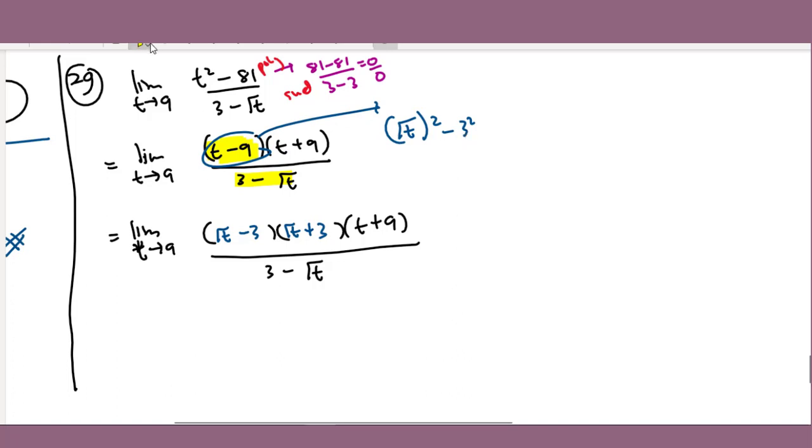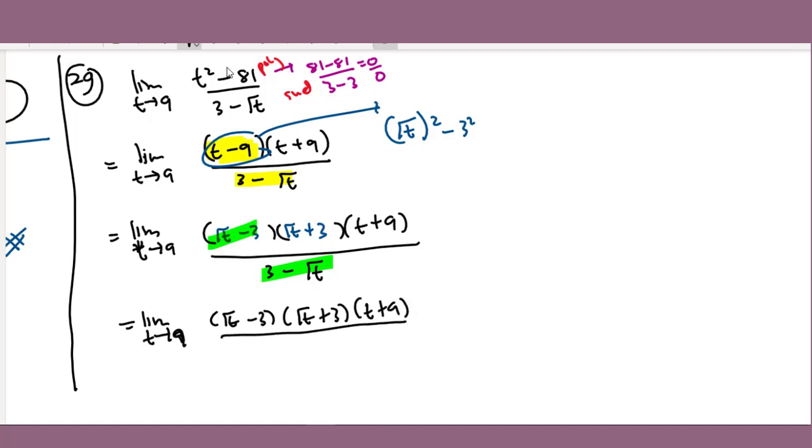Then before you cancel everything, this is root t minus 3, while this one is 3 minus root t. Okay, adjust. Before you use, you have to adjust. Let's say this one is root t minus 3, root t plus 3, t plus 9 over, I want to take a negative outside to change this one to like this, root t minus 3. If expanded, they get negative root t, negative, positive.